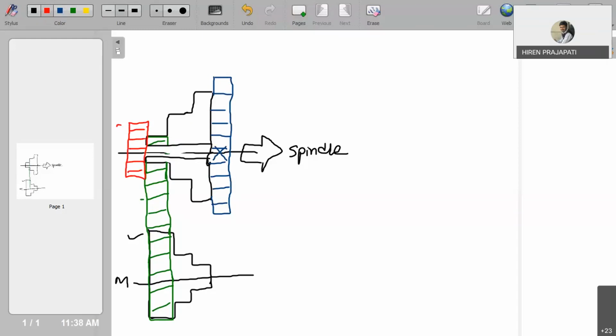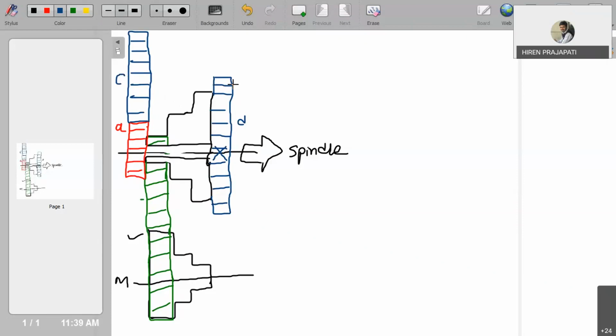I give name, this is suppose gear A, this is gear D, and opposite to this now we have back gears. So here we have back gears which I call gear C. So this is gear C which is ideal to gear D. Means C and D, they are having same number of teeth, or they are the ideal gears, right?